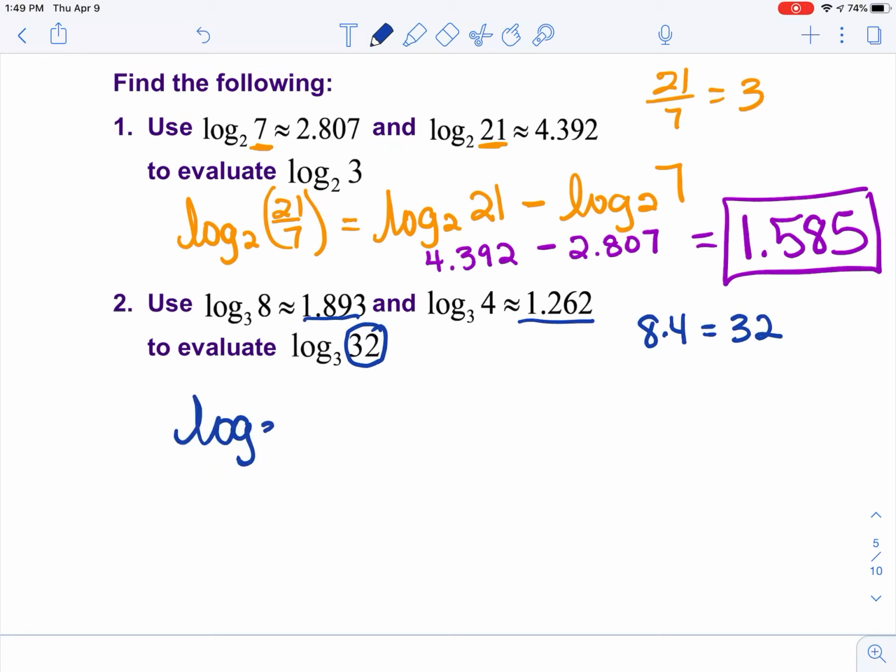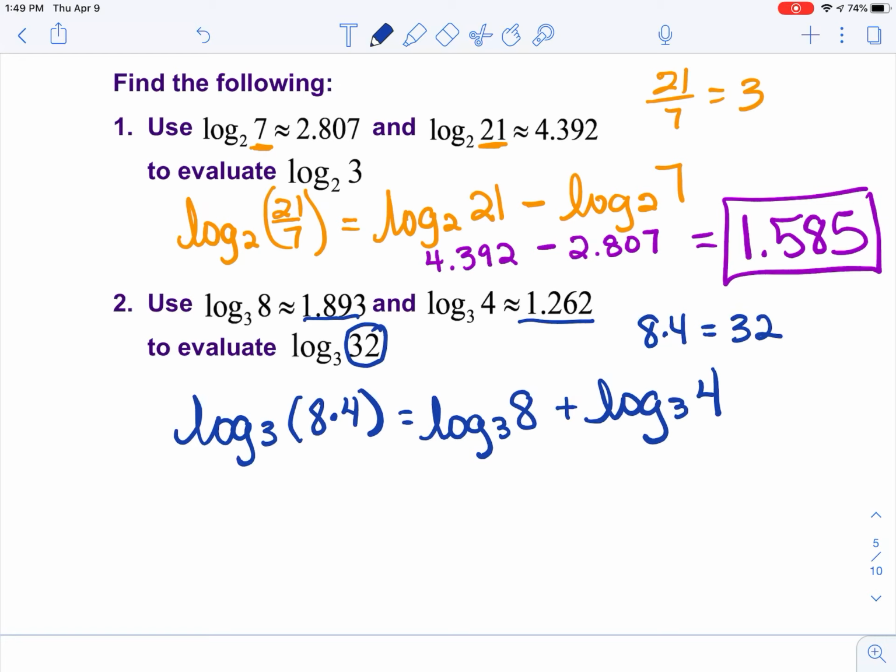So log base 3 of 8 times 4. And I know because of my property, I'm going to add them. Log base 3 of 8 plus log base 3 of 4.